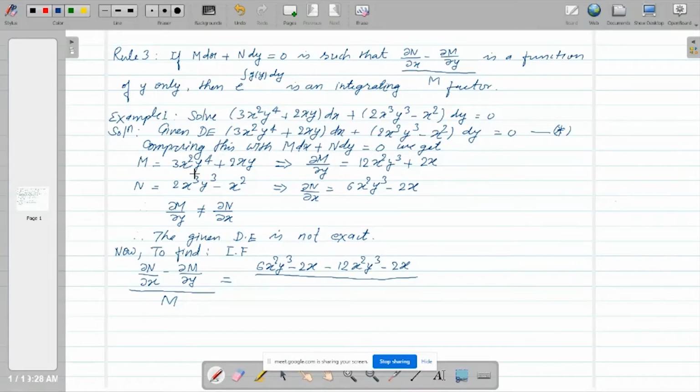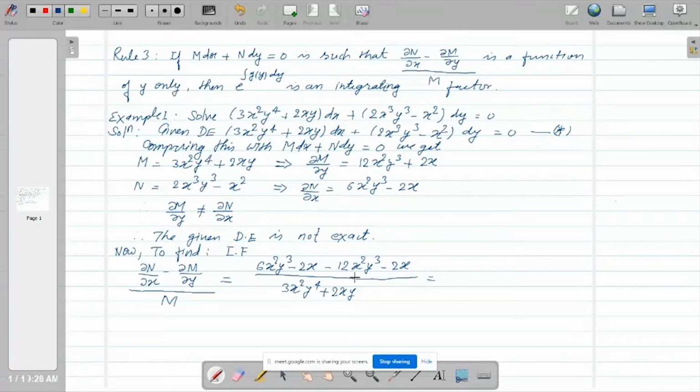M is this one, 3x²y⁴ plus 2xy. Just solve this. I am solving this.